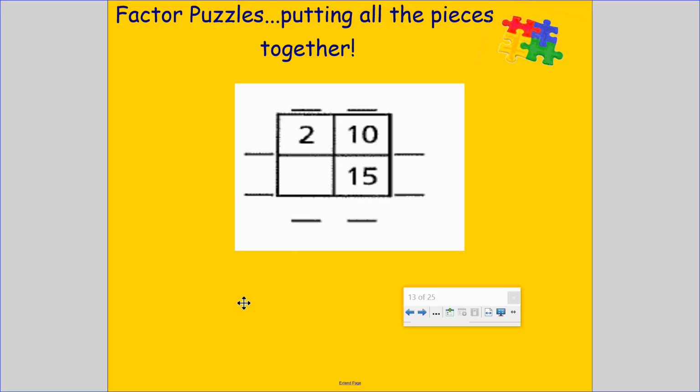And the last thing we're going to talk about is something called factor puzzles. Some of you may be very good at puzzles. Let's start with this one, 10 and 15. What can you divide 10 and 15 by?